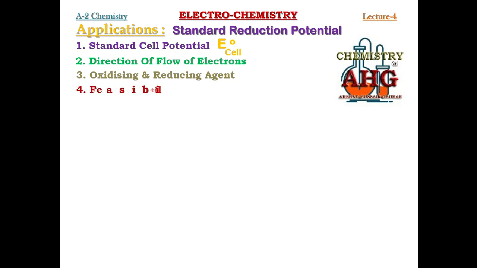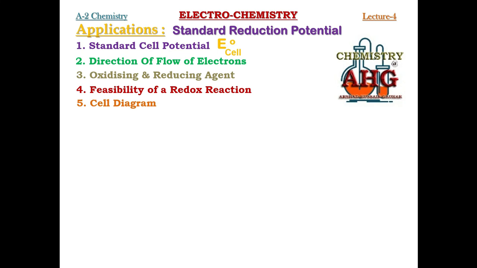Fourth, we can decide whether a reaction is feasible or not. And the last application, we will write the cell diagram using standard reduction potential. In this lecture, for the time being, we will discuss applications number 1 and 2 only. The rest will be discussed in subsequent lectures.